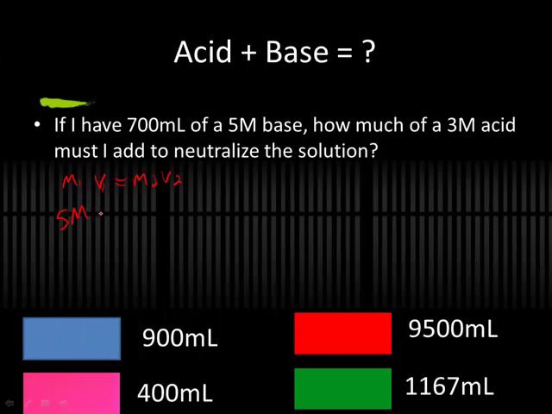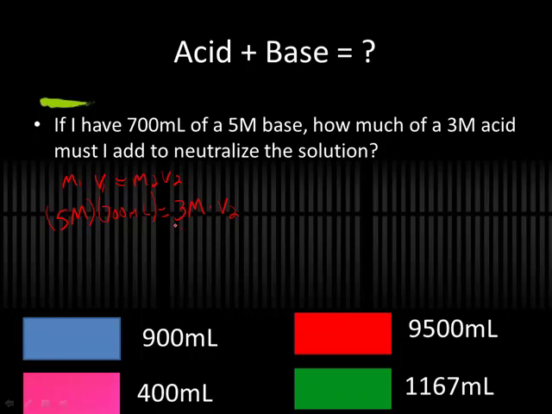Times our original volume, 700 milliliters. Equals our second molarity. We have 3 molar acid times an unknown volume. We need to figure out what our V2 is to find our amount of acid we need to add to neutralize or make the base go away.